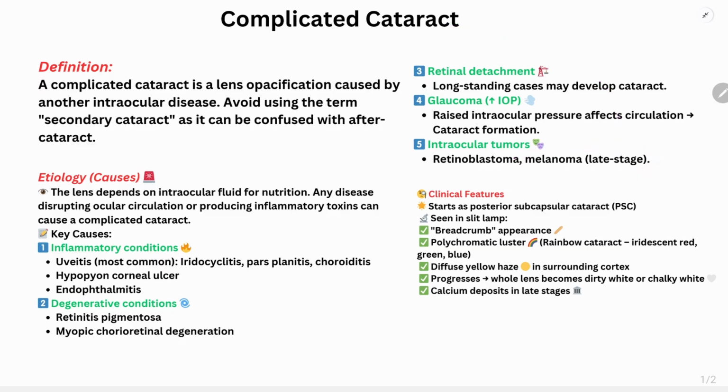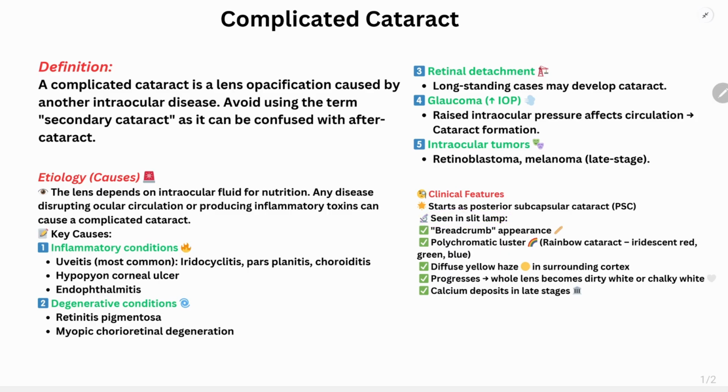Next one is clinical features. So here the clinical feature starts as posterior subcapsular cataract. For example, if this is the lens, the posterior subcapsular opacity will be here, on the posterior side of the capsule, and this can be seen in slit lamp examination.